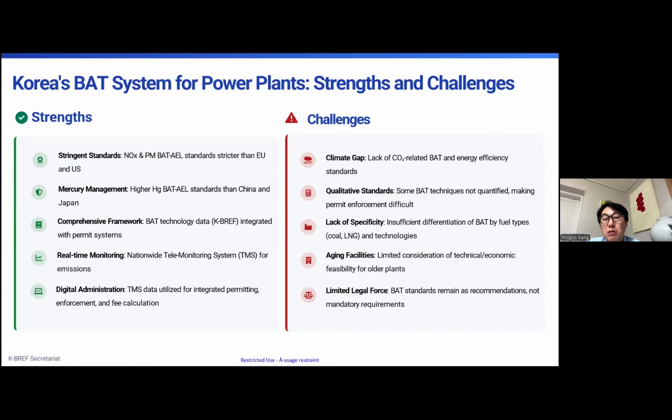Another thing, as I said in the previous session, is that our BAT standard is just a recommendation, not a mandatory requirement.